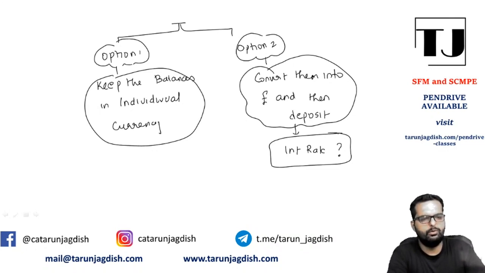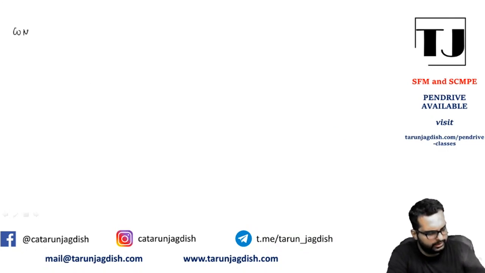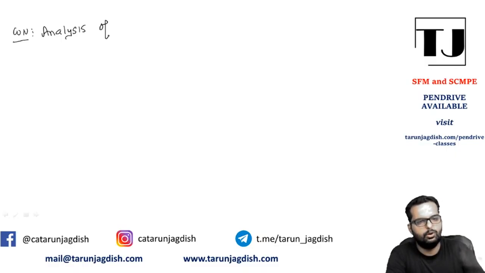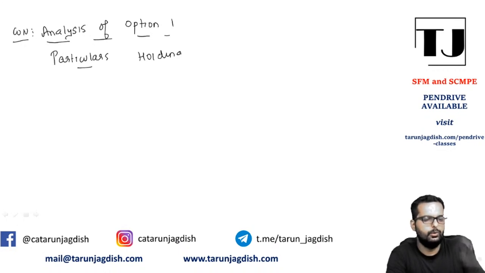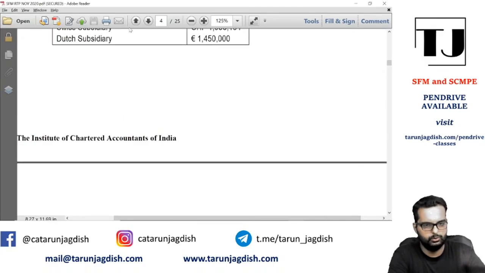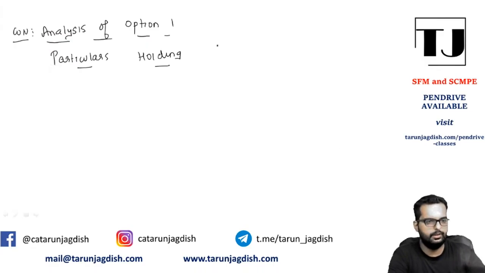Okay friends, so I'll now do it one by one. I'll write down the next working note heading. Analysis of option 1. Particulars. You have holding. What are the other two? Swiss. And what is the last one? Dutch. Okay.